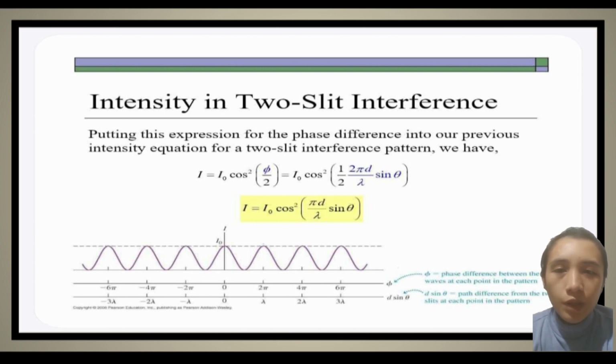This gives the final equation: the resultant intensity is equal to the maximum intensity times cosine squared of pi d over the wavelength times sine theta, where the symbol phi denotes the phase difference between the two waves at each point in the pattern, while d sine theta denotes the path difference from the two slits at each point in the pattern.